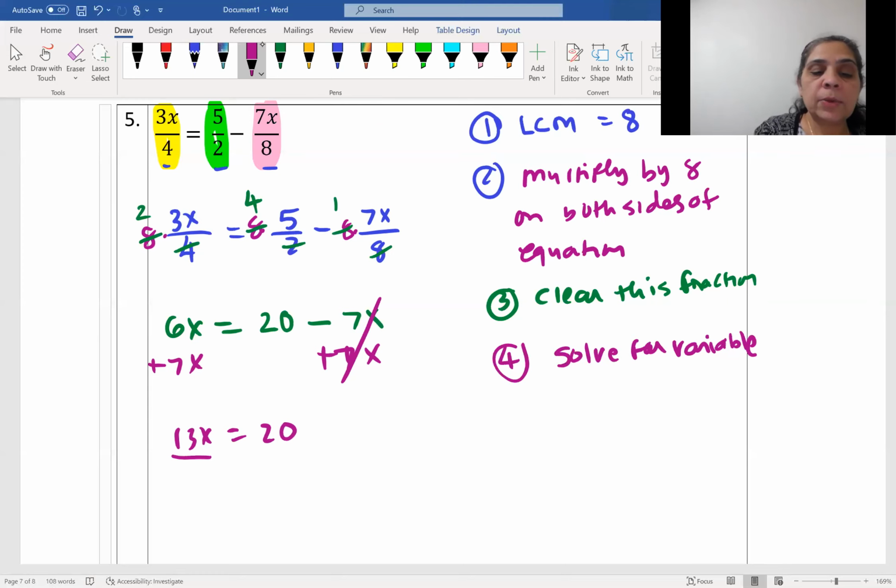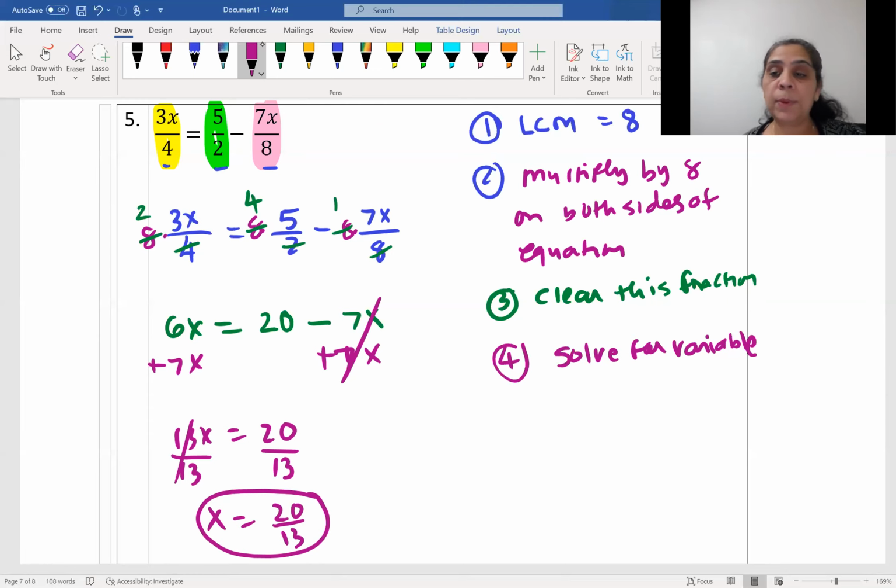And now we just need to simplify. Solve for x. So we will divide by 13. So x is 20 over 13. I will just check, can we simplify? That means reduce this fraction. We cannot reduce this fraction, so we will just leave it as a fraction because my original problem is fraction.